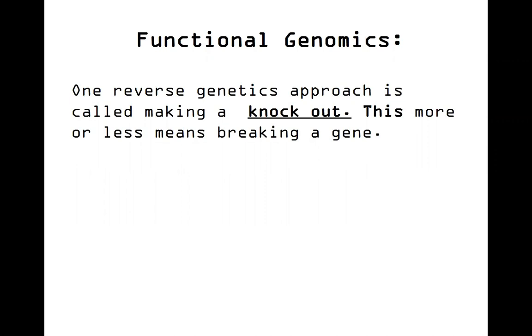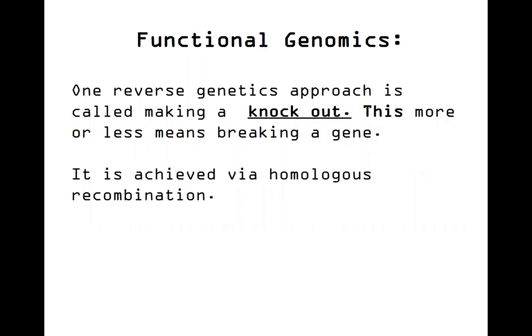With a knockout, this is a reverse genetics approach because we're going from the gene that we're interested in to trying to figure out more about how it's causing the phenotype. If we break it, we're able to observe that phenotype more clearly. Today we're going to be looking at a type of knockout creation achieved via homologous recombination.